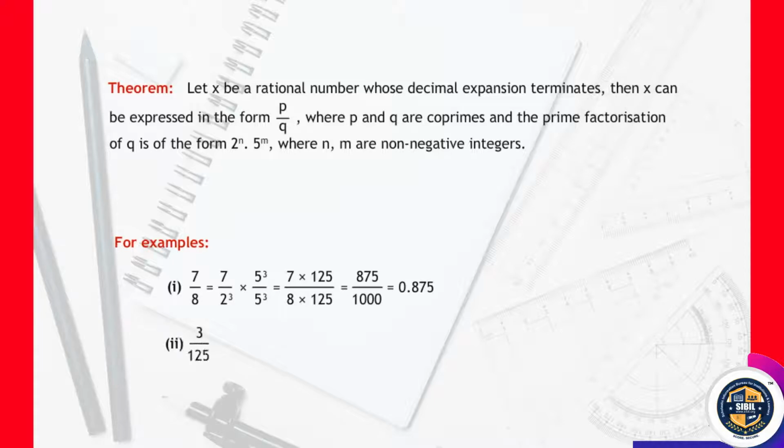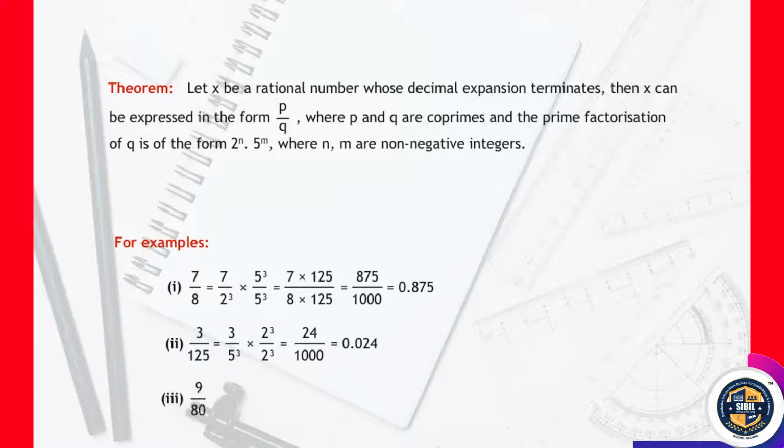Second, 3 by 125 is equal to 3 by 5 raised to the power 3, into 2 raised to the power 3 by 2 raised to the power 3, is equal to 24 by 1000, is equal to 0.024.